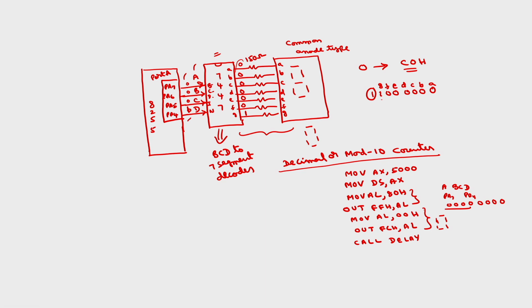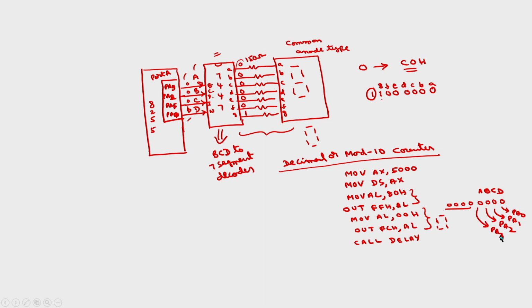Let us assume that this is PB3, 2, 1 and 0. So ABCD will be the last 4 bits. For the previous one also we can write the program, but it will be somewhat complicated. This I am connecting to PA0, this to PA1, this to PA2, this to PA3.